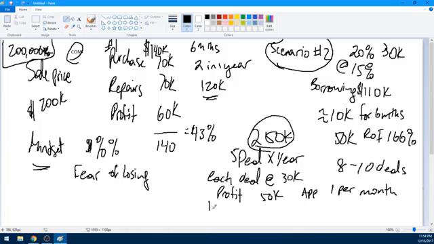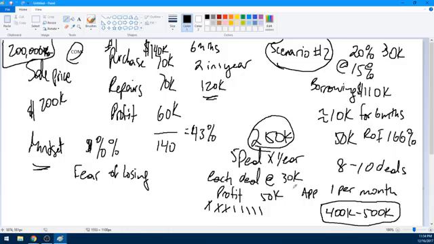So month number one, two, three, four, five. In month number six, you're selling this one, so now you're buying another one. In month number seven, you're selling this one, so now you're buying another one. Month number eight, you're selling this one, now you're buying another one, and so on throughout the year. So this is how you're able to do anywhere between 8 and 10 transactions per year. Now, in potential profit, you have anywhere between 400 to 500,000 if you're being more aggressive with your money and with your efforts to finding more properties.